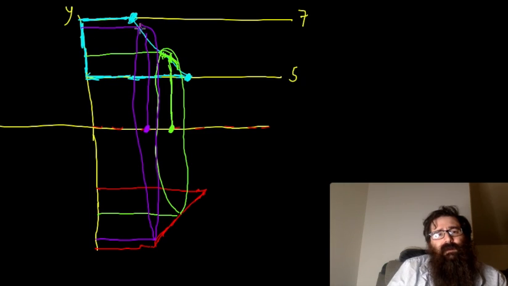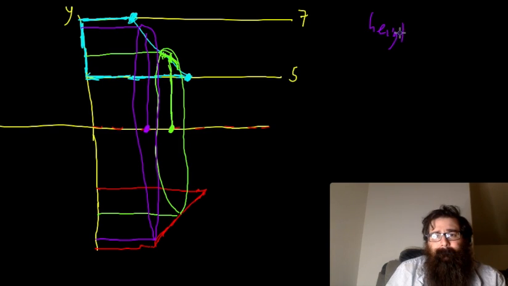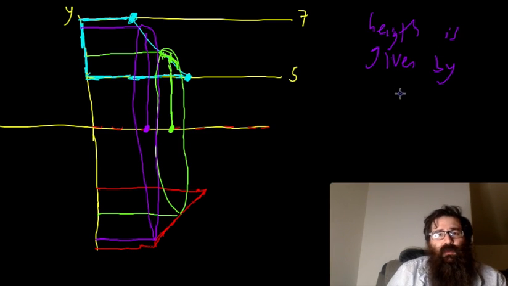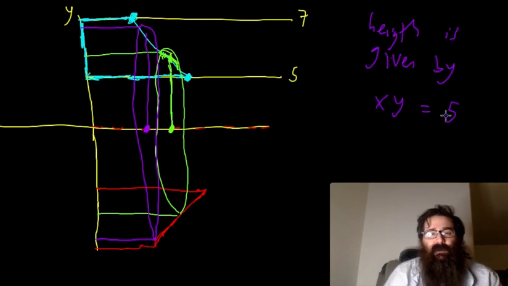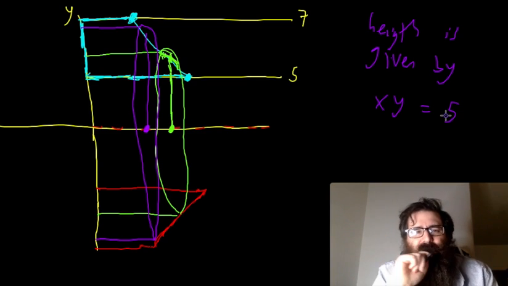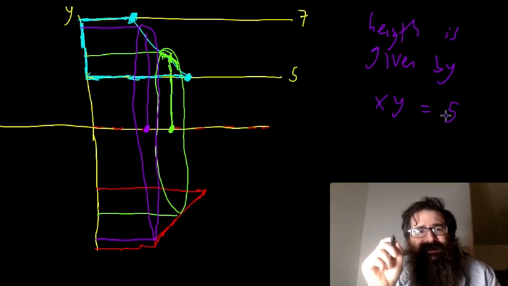So we'd say, well, okay, so what is that dictated by? It's dictated by this curve. So the height is given by the curve that we had. And what was that? Well, that was x times y equals 5. Now we're going to have to pick one of these variables to work with, but let's wait on that because I want to talk about the radius next.